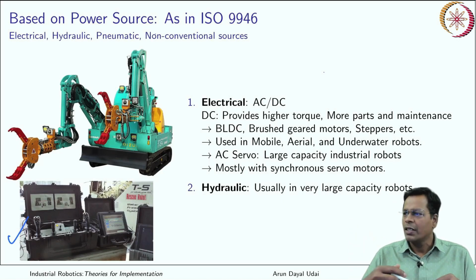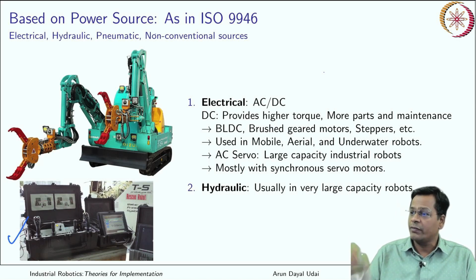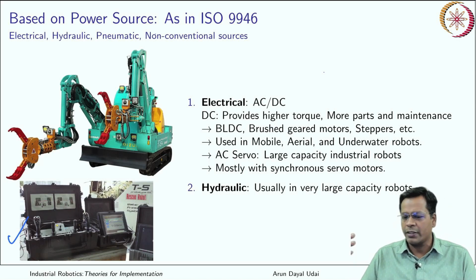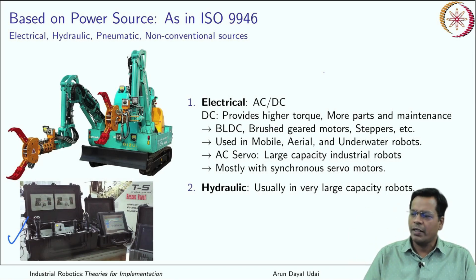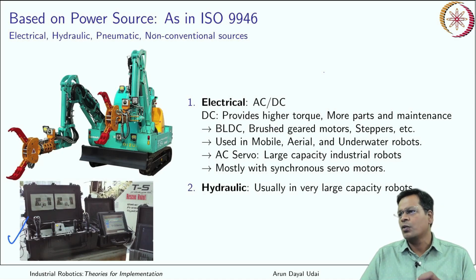You see this is the scale of this robot, where it can do excavation tasks. If an earthquake has happened, it can remove the debris, rescue people, and those kinds of things can be done with this kind of robot. So you see it is very, very useful. However, it fits into a very different category of robot which is run by hydraulic actuators.